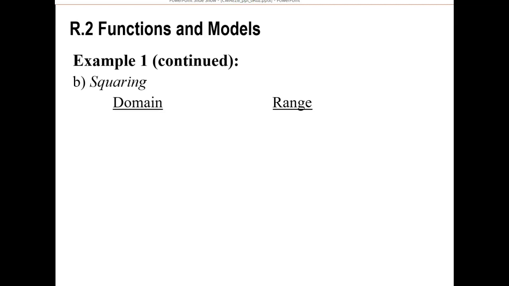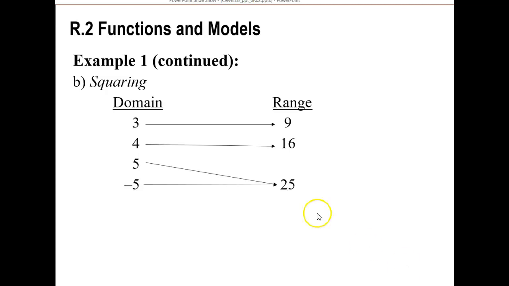All right, part B is the relationship of squaring a number. So the domain and the range here are given by a set of numbers in the domain. The function is identified as squaring, so the operation that's happening to create the range is you're squaring this number. So 3 squared is 9, 4 squared is 16, 5 squared 25, and negative 5 squared is also 25.